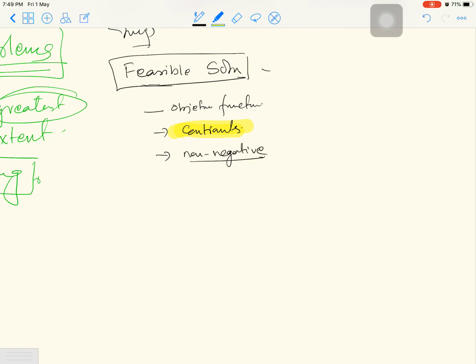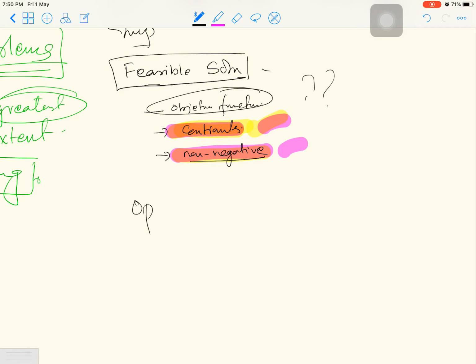Again I'll read it out: a set of values of decision variables which satisfies all the constraints of an LPP, including the non-negative restriction. Those answers which satisfy constraints and non-negative restriction are called feasible solutions. Please remember the objective function is still left out.